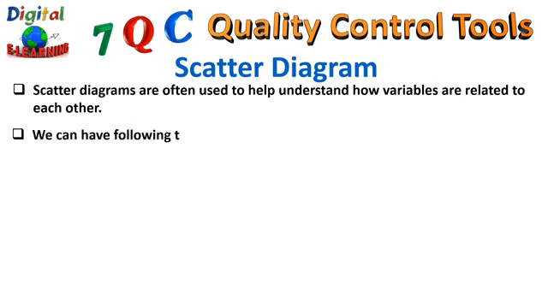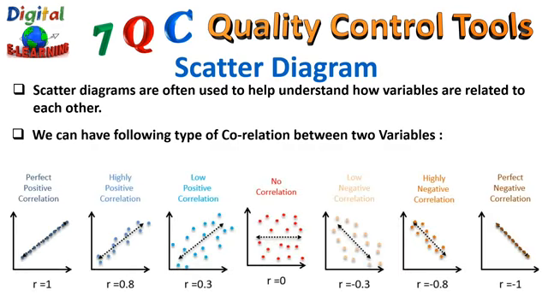We can have the following types of correlation between two variables, and these are the most common relationships. When we have a direct, perfect positive relation, that means as x increases, y also will increase. High positive correlation, low positive correlation, and there is no correlation, that means the two variables hardly affect each other.